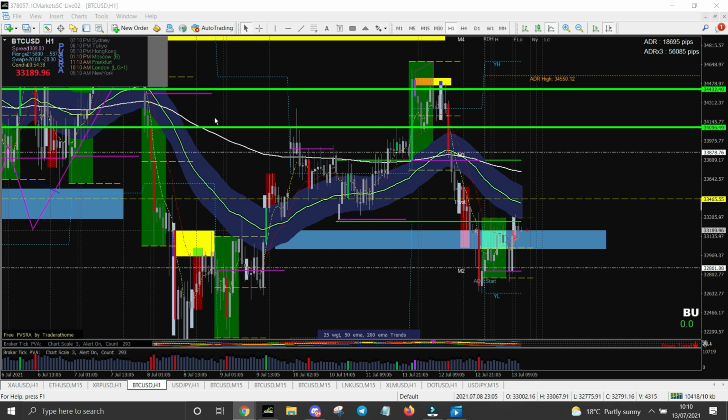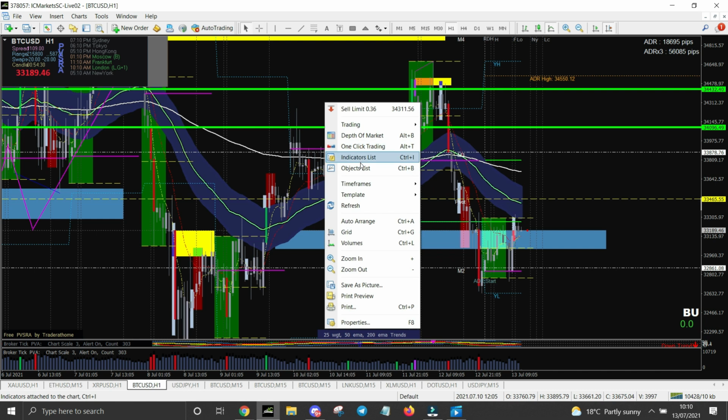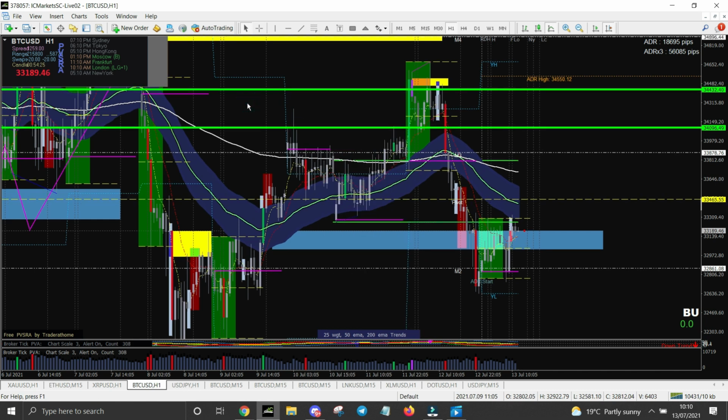So this is what I'd like you guys to do. With the PVSRA indicators themselves, in the settings, remember I'm recording this, there is something that will present too close on the chart, but here is a little trick for you. On the chart, get a trend line and draw it across the screen at every single whole number.